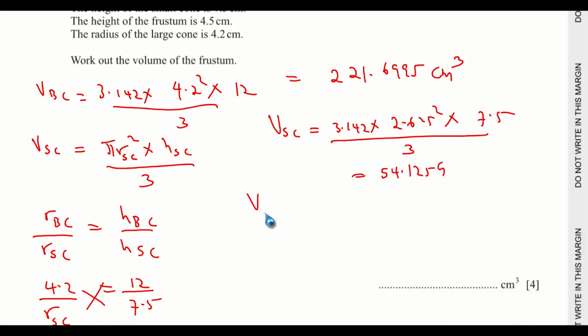So the volume of the frustum now equals the volume of the bigger cone, 221.6995, minus the volume of the smaller cone, 54.1259. So the volume of the frustum finally is 168, correct to 3 significant figures.